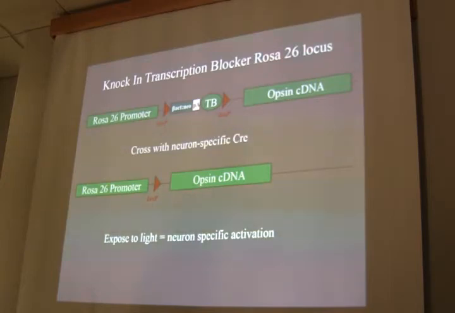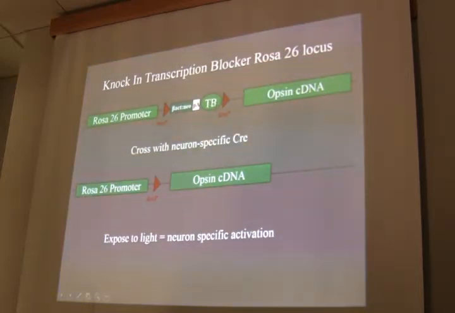The other one: I'm not a big virus person. I like to make the mouse, and you can use it over and over again. So one thing you can do is you have this Rosa26 locus. You can knock it in, and there's no phenotype that anyone's discovered yet. And so you can have your opsin DNA again, but what you have is a transcriptional blocker, okay?